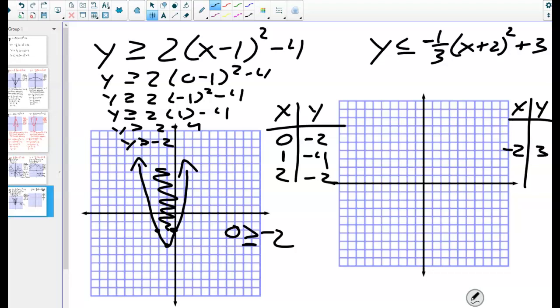(-2, 3). The fraction is 1/3, so I'm going to count down by 3, I'm going to count up by 3. -5 plus 2 is -3.